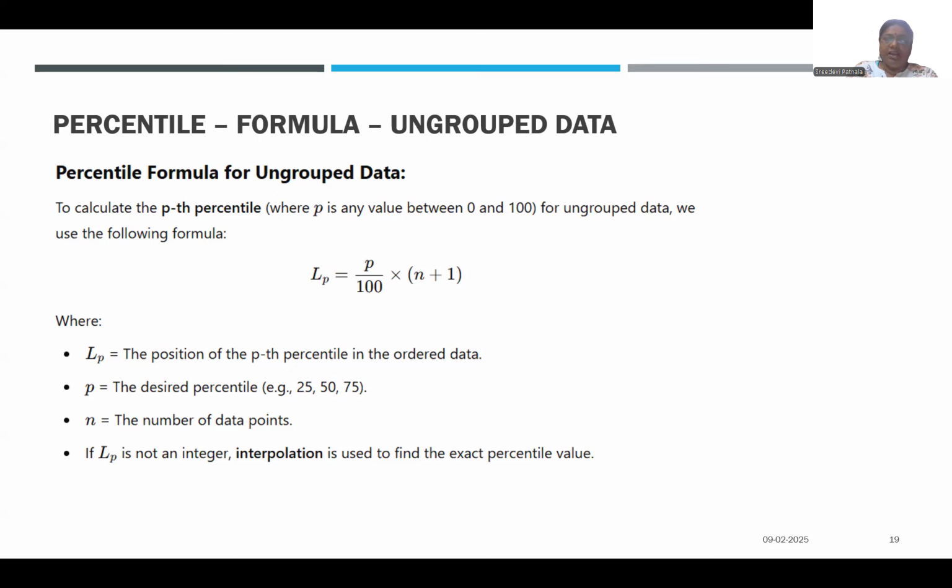N is the number of data points, and LP can be any decimal or an integer. If LP is not an integer, interpolation is used to find the exact percentile value. How to identify interpolation, etc., all of that we will cover while doing the example.